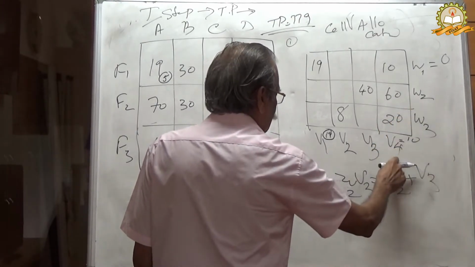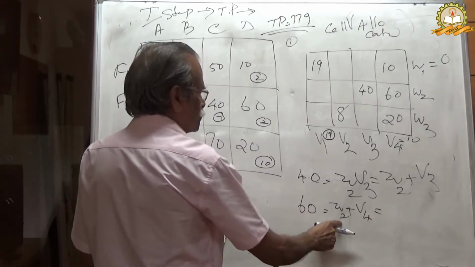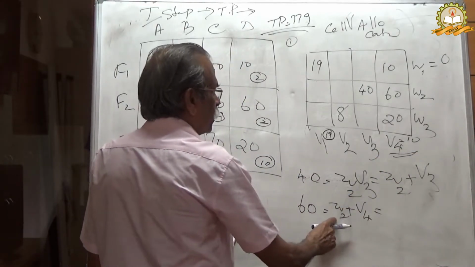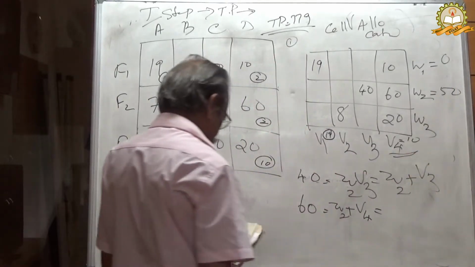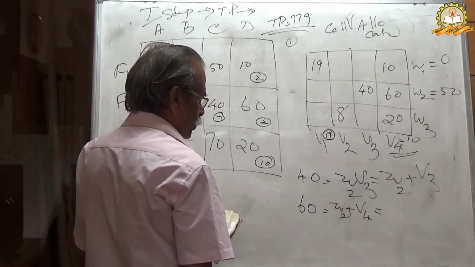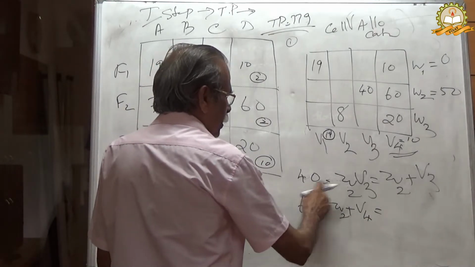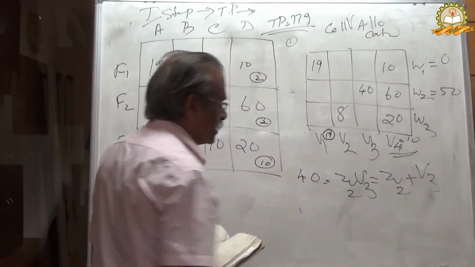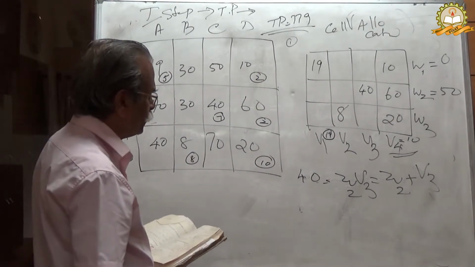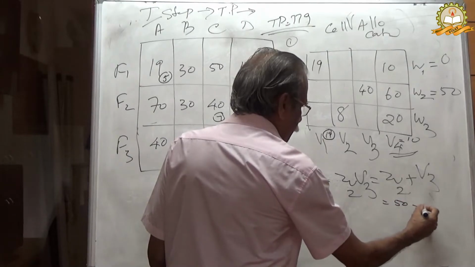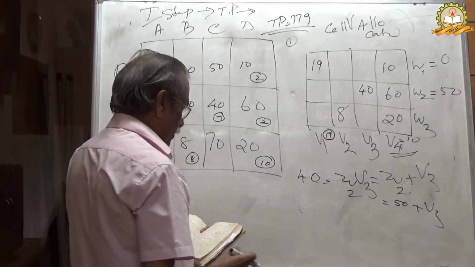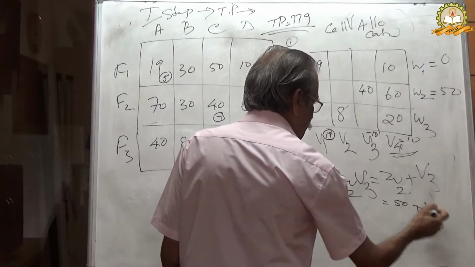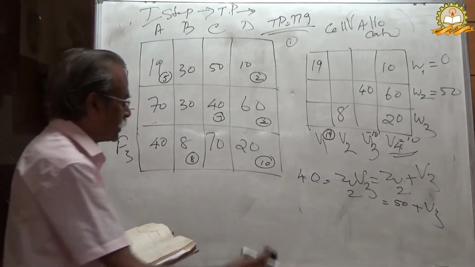V4 equals 10, therefore U2 equals 50. Therefore, 40 equals U2 plus V3, where U2 equals 50, so V3 equals negative 10.